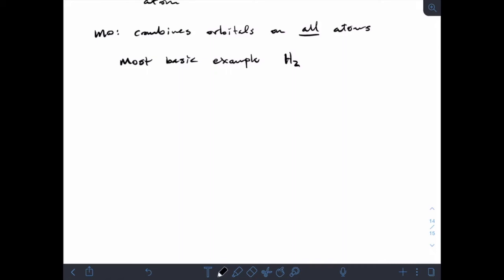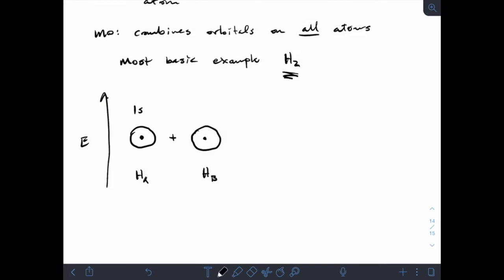If I'm drawing something with energy going up, I'm going to have 2 1s orbitals. There's one of them, and I'm going to combine it with another one. We can call this hydrogen A and hydrogen B, each of the hydrogens that are going to combine to make dihydrogen. Each one of these is a 1s orbital.